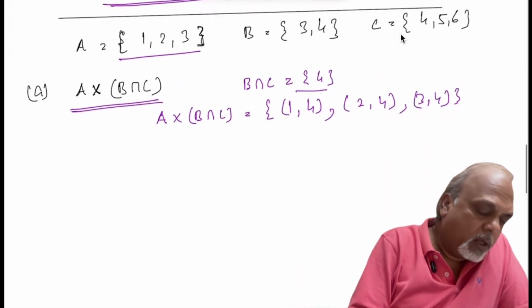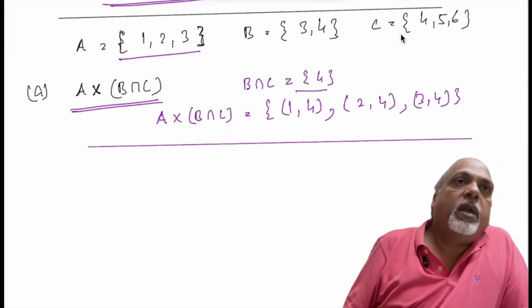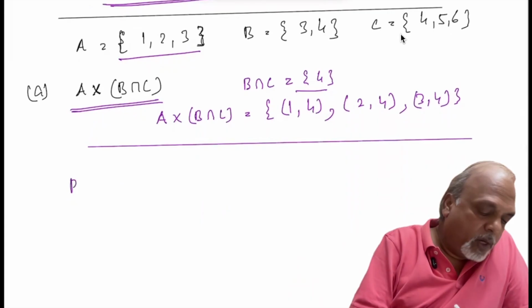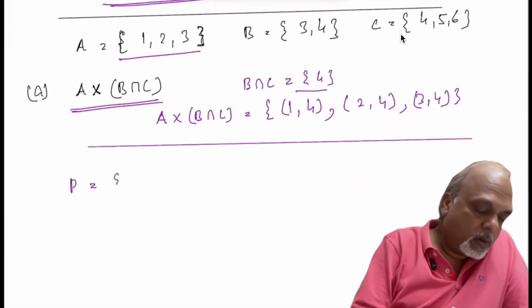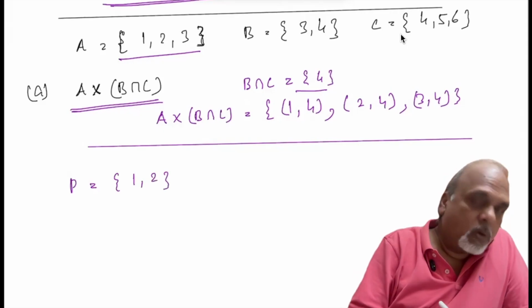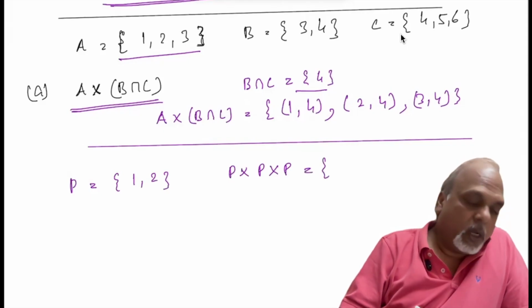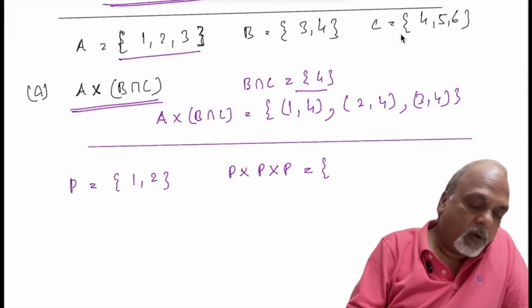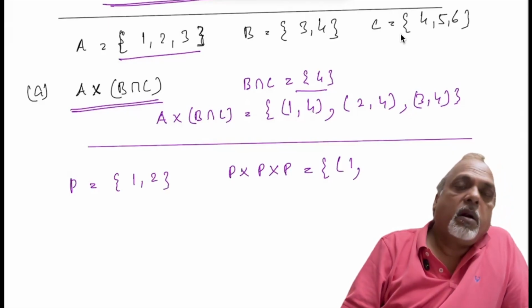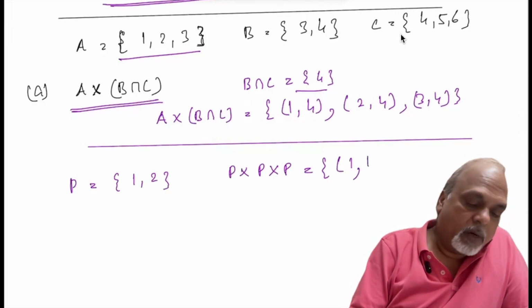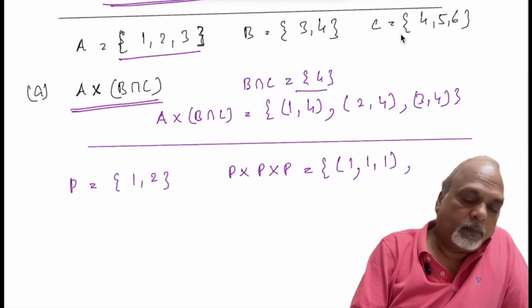Then another thing to be learned. Suppose your P is 1 and 2. Then what about P cross P cross P? If we write this, then it will be like this. We have to take the first element of P, then again P is there, first element, then again P is there.